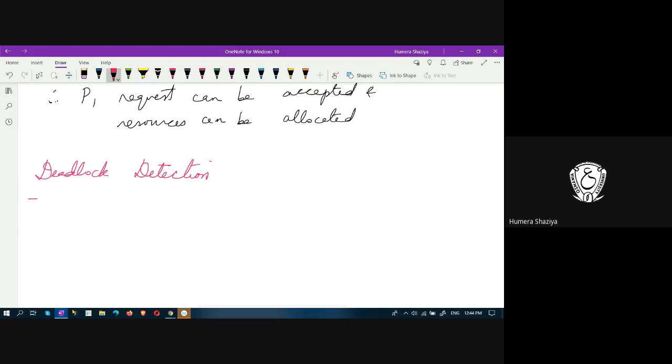And this has two parts. Part A is an algorithm to detect a deadlock. Part B is an algorithm to recover from deadlock. If there is a deadlock, then recovery has to be done.